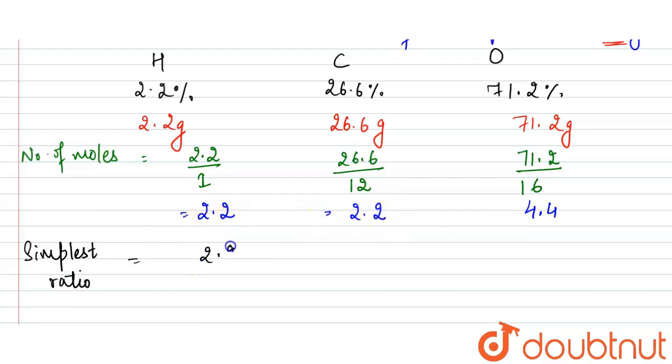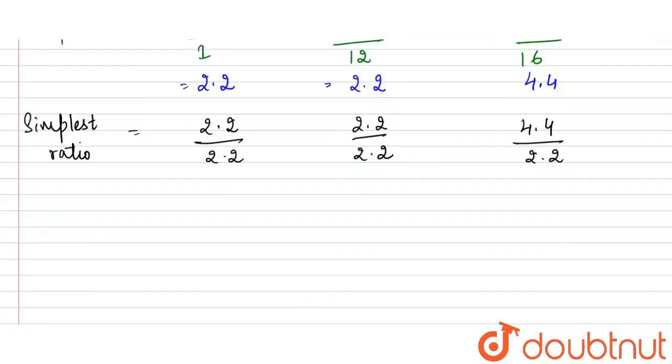So we do 2.2 divided by 2.2, 2.2 divided by 2.2 and 4.4 divided by 2.2. Now if we solve these values, here it is 1, here also 1, and here we have 2. So this was our hydrogen, carbon and oxygen.